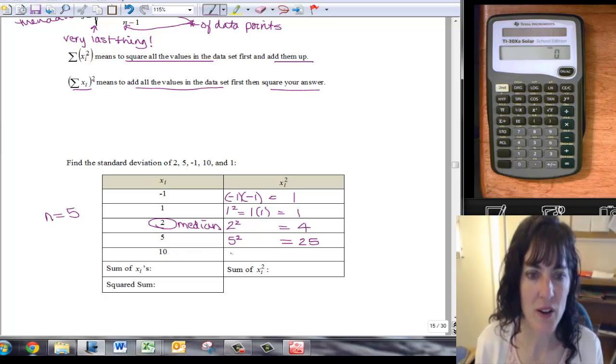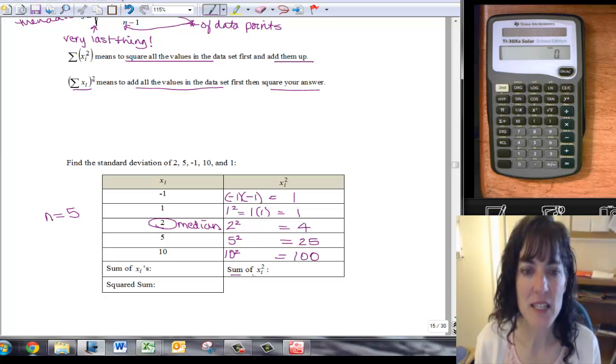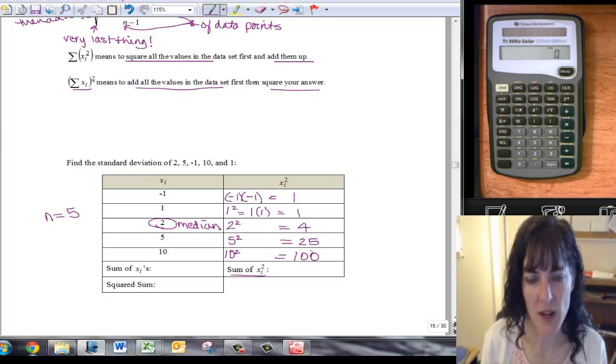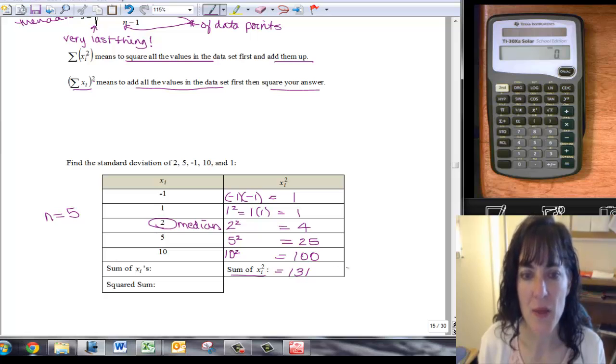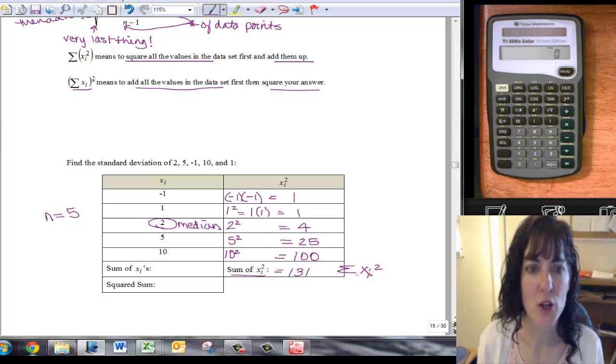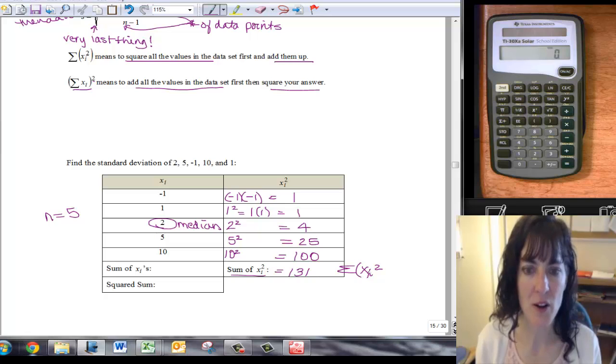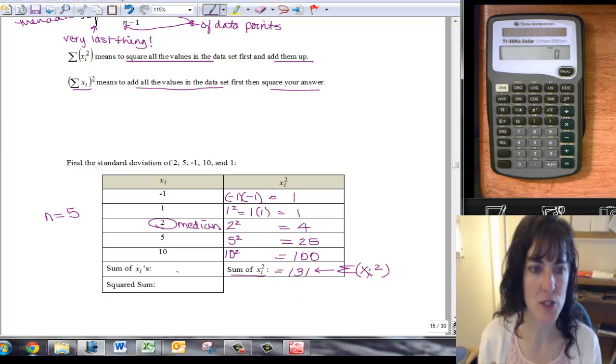And then 10 squared, that's going to give me 100, or 10 times 10, which is 100. And then it says add them all up. So I'll add them all up. I have 125, 129, 130, 131. So for that I have 131. And this is the sum of my x sub i's squared. If I put parentheses on there, they would go right here because I'm squaring first and then summing. So that's what this 131 refers to.